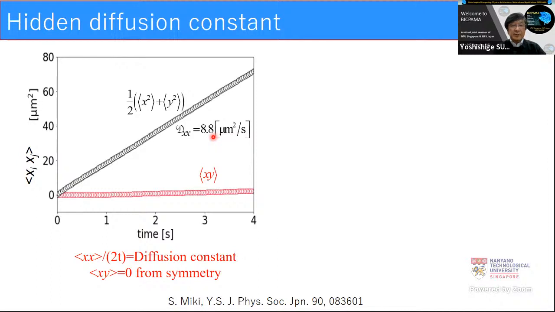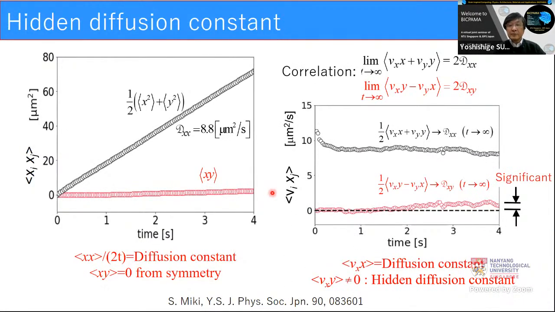But for the case of the chiral motion, we cannot obtain the information from, for example, XY observation. So we try to observe the velocity position correlation function. And it also provides the diffusion constant for the diagonal part.